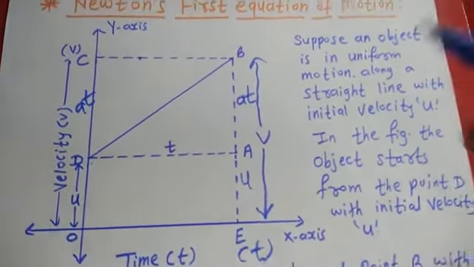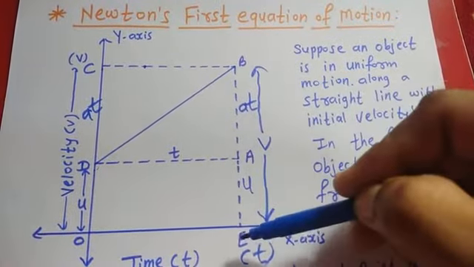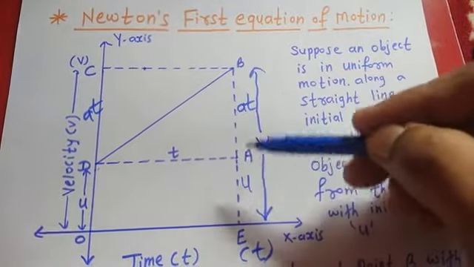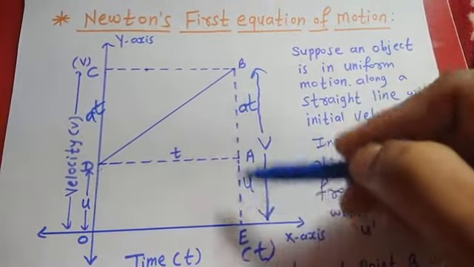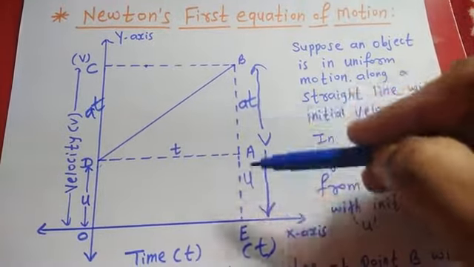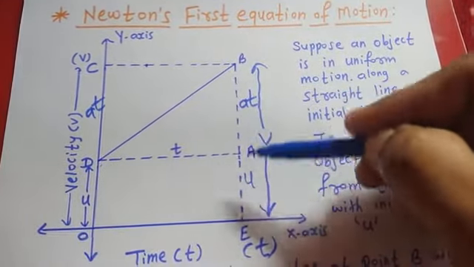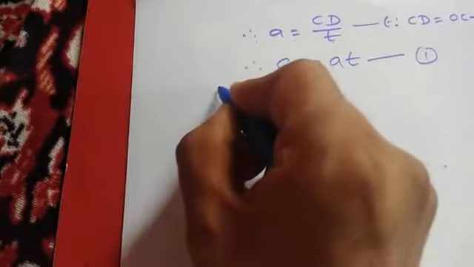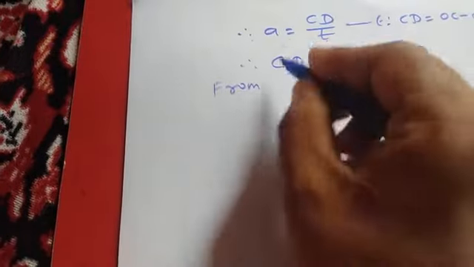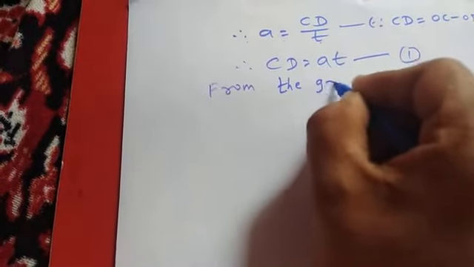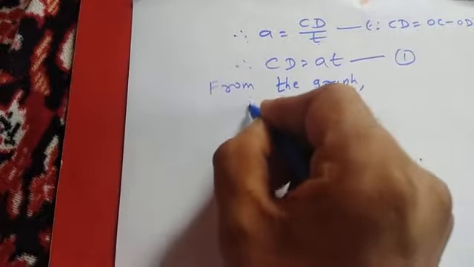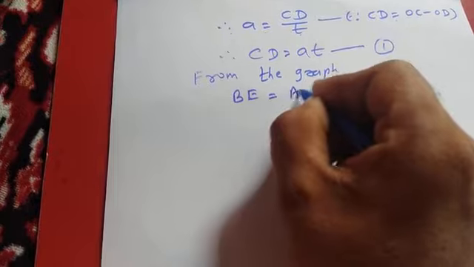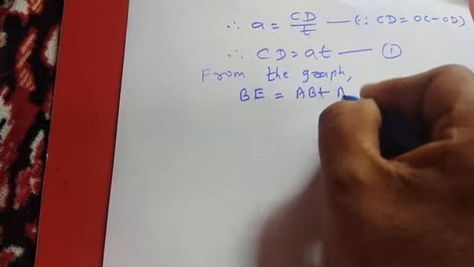Now, from the figure, we can write BE is equal to AB plus AE, because B, A and E, these are the collinear points. So we can write BE is equal to AB plus AE. From the graph, BE is equal to AB plus AE.